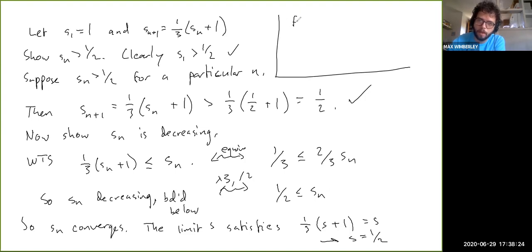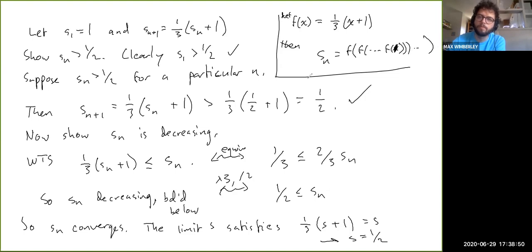If you define f of x equals 1/3 x plus 1, then Sn is f of f of and so on, of 1, where there are n instances of f. So to get the next one, you just apply f again every time.